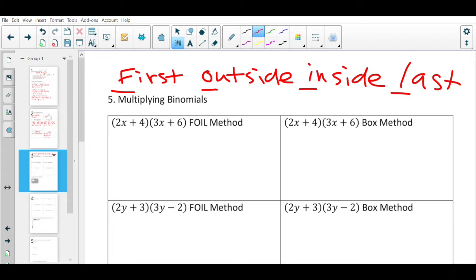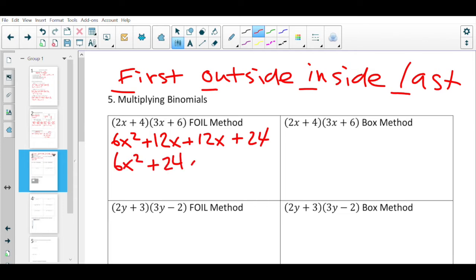That's 2x times 3x is 6x squared. Outside terms, 2x times 6 is 12x. Inside is 4 times 3x. That is 12x. And the last is 24. Let's collect like terms. 6x squared plus 24x plus 24. There we go.